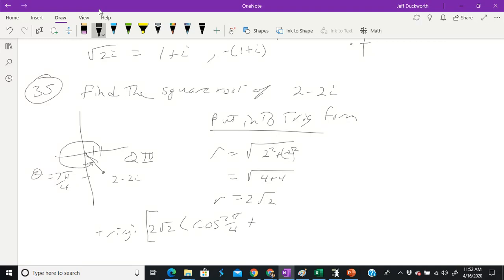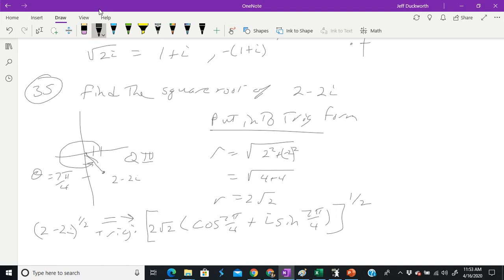And then we have i sine, 7 pi by 4. And that's what 2 minus 2i is. So if we want to take the square root, we raise this to the 1/2 power. So this would be 2 minus 2i to the 1/2 equals this.